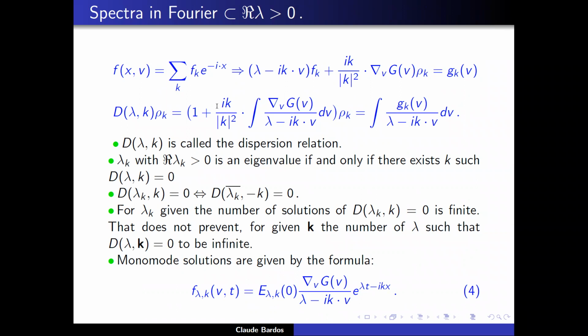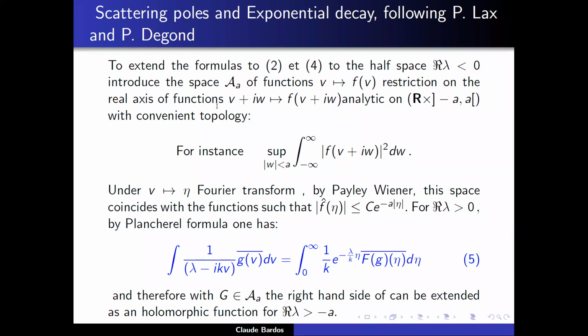Now, there is a simple observation, which is that 1 over lambda minus at is the inverse Fourier transform of 1 over k exponential minus e minus lambda over k eta, and that works very well as long as the real part of lambda is positive.